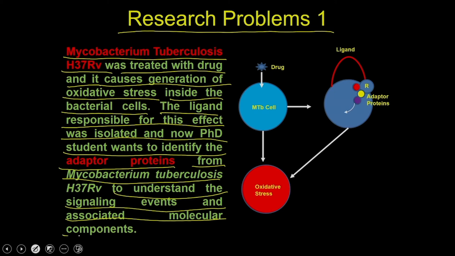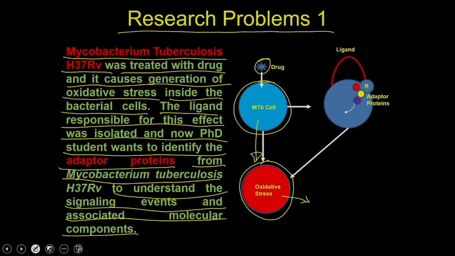molecular components. What this question means is that Mycobacterium tuberculosis is a bacterial species which causes TB in human beings, and if you treat it with a drug, the cells develop a very high quantity of oxidative stress.